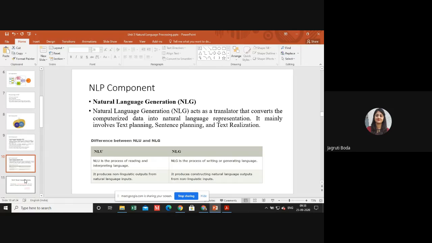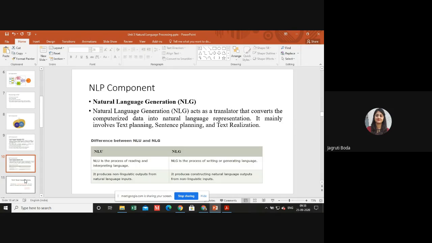Suppose you are asking a question, then they return a value regarding this question. Suppose you write a question in text form, then they return the value in text form. Okay. So natural language generation acts as a translator that converts the computerized data into natural language representation, and it mainly involves text planning, sentence planning, and text realization.